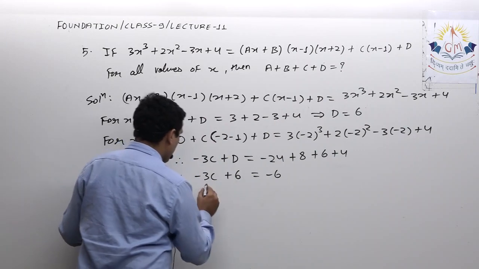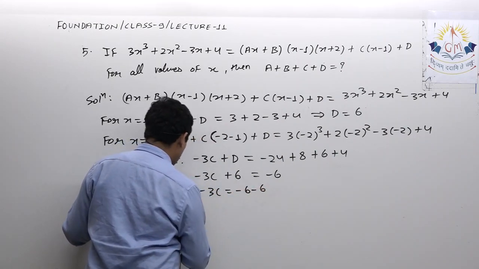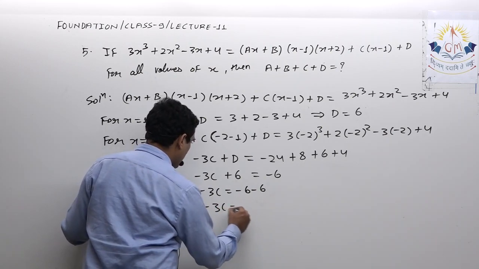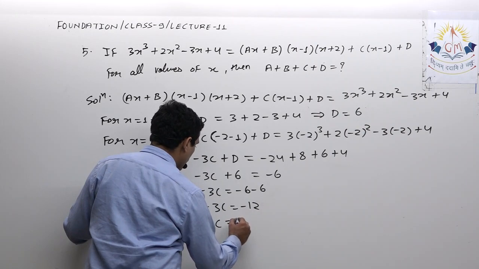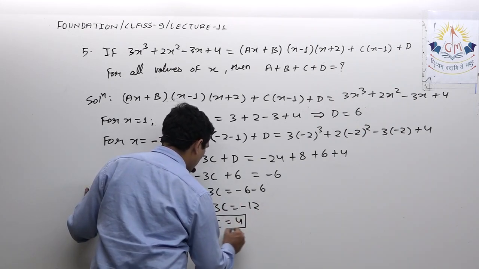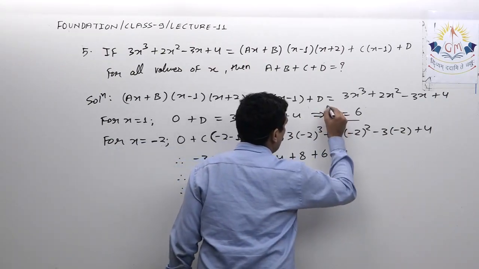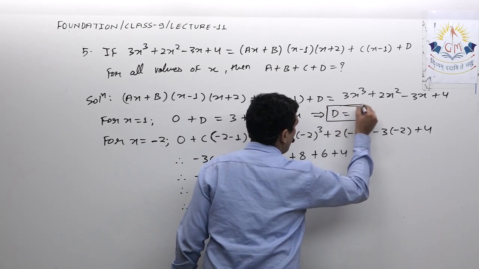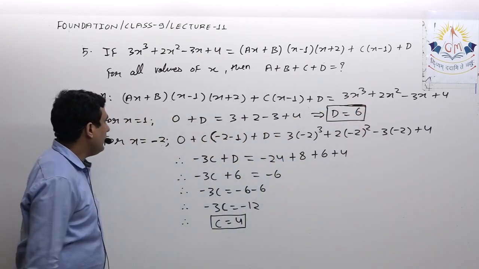So if I solve this further, minus 3c is equal to minus 6 minus 6, so minus 3c is equal to minus 12, and this gives me c is equal to 4. Okay, so here I got the value of one more variable. Here I got d equal to 6 and here I got c equal to 4. Now what?